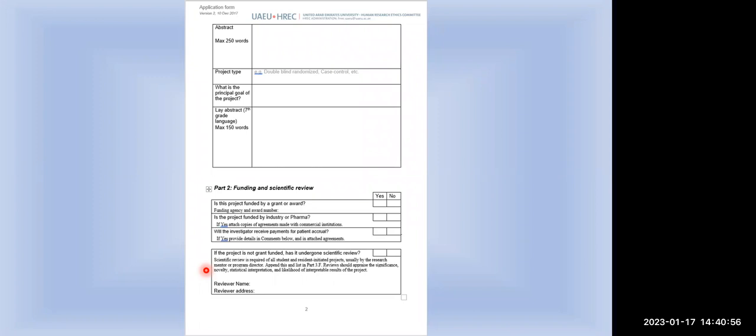And then there should be the abstract, the usual abstract. And after that, the project type. You need to write the project title. And then, what is the principal goal of that project? And then you need a lay summary. What do we mean by lay summary? A lay summary is a summary of the project using simple words that can be understood by a lay person, a general population person who is not involved in research or does not have a scientific background.